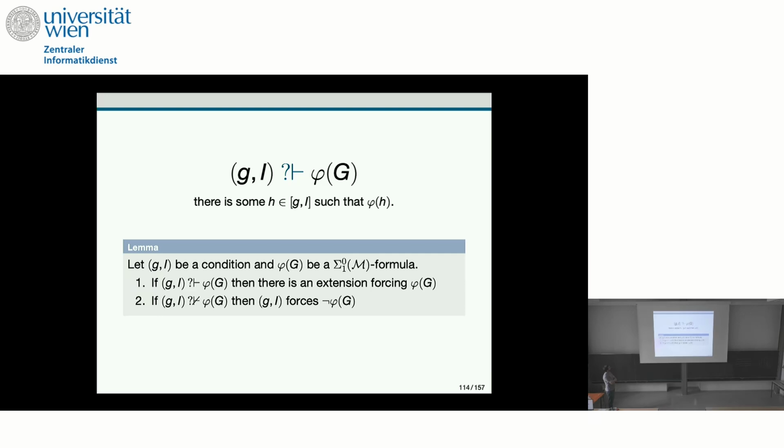And so it's easy to see that it behaves like Cohen forcing, in the sense that if the answer is yes, then there exists an extension which forces the formula, and if the answer is no, then you already force the negation of the formula.